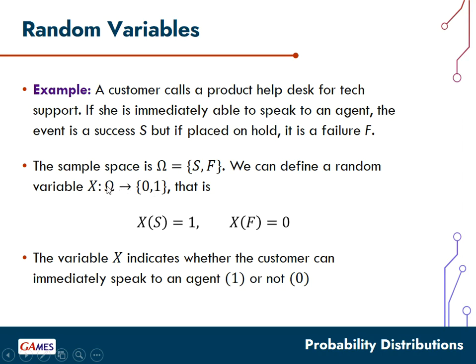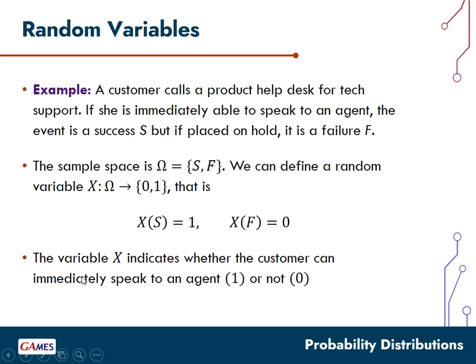So when you have a success, X of s, that is the part of this variable where you have a success, is 1, and the part of the variable where you have a failure is 0. The values here make up the set you're dealing with, and the elements that the variable depends on make up what you have in the sample space. I hope that makes sense.